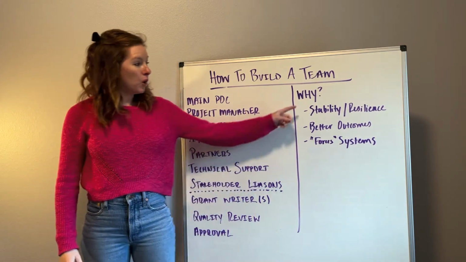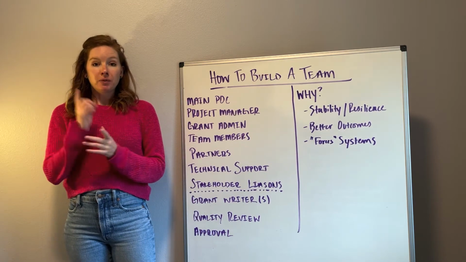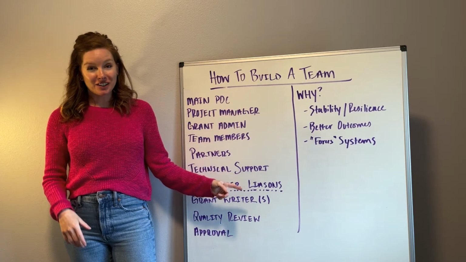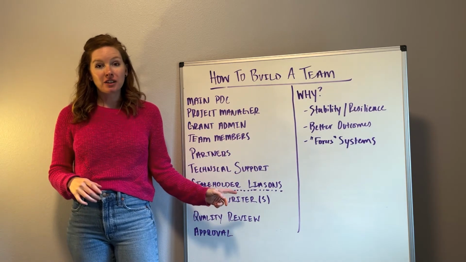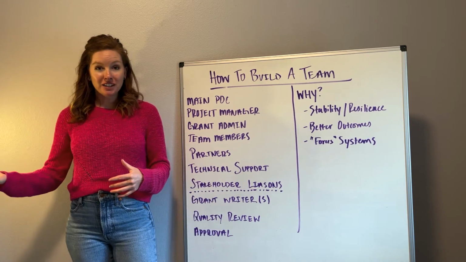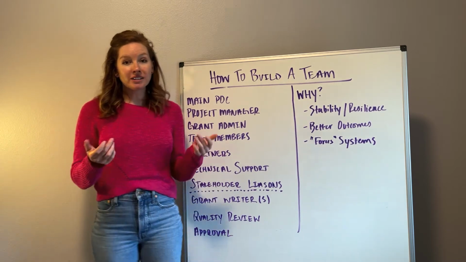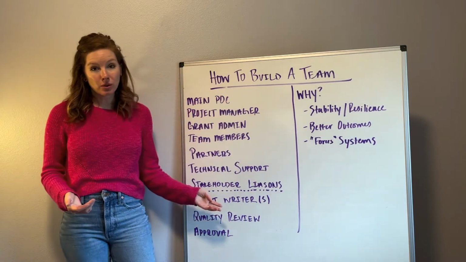Why? This is why it's important. Number one, when you have the same person listed for every single one of these roles, that's quite a vulnerable state you're putting yourself in, because what if that person left? Does the grant funder have a lot of confidence that the work is still going to get executed? No. And if you're a very small nonprofit doing everything yourself, it's still really important to find other roles.